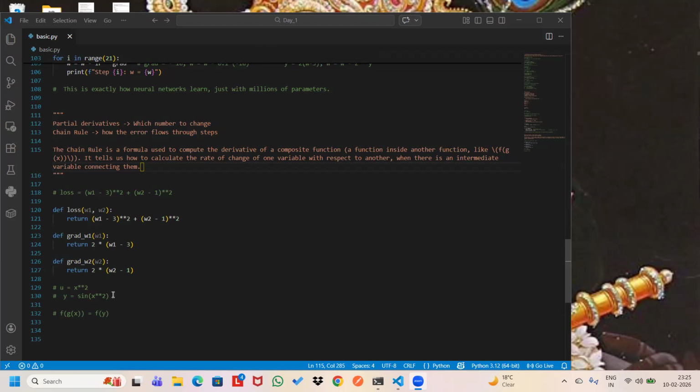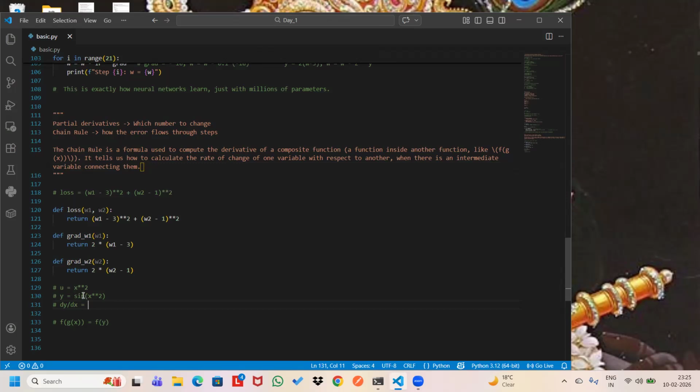So let me derive this. If I go to differentiate, then what will happen? First, I need to differentiate it. So dy by dx equals, at first, it will start with the outer side.